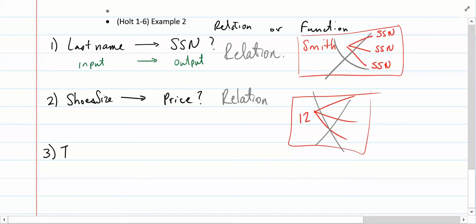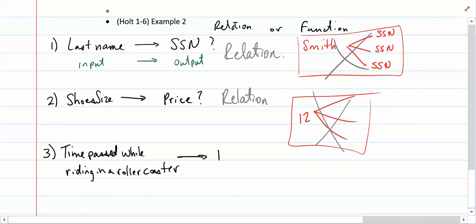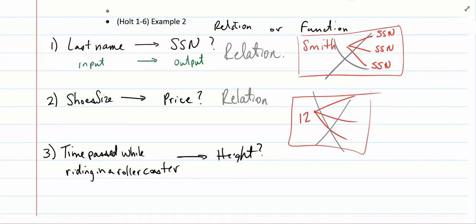Let's say the time passed while riding in a roller coaster, and the height at which you are while riding in that roller coaster. So the amount of time that passed compared to the height that you are at riding the roller coaster. Is this a function or a relation?